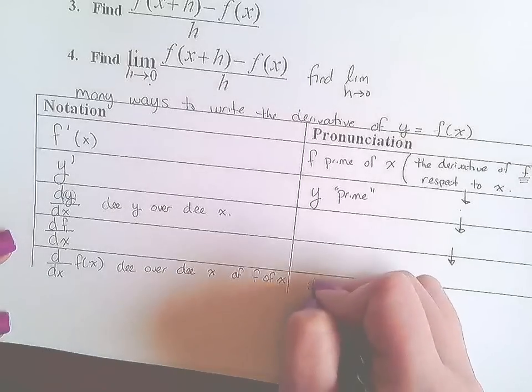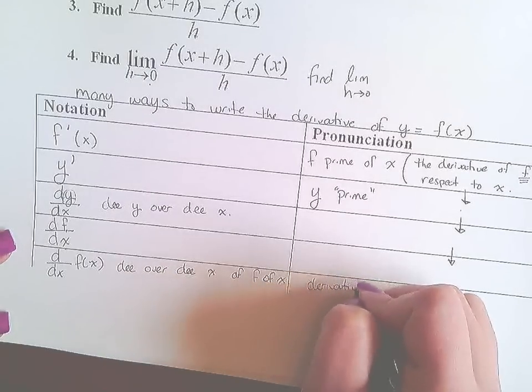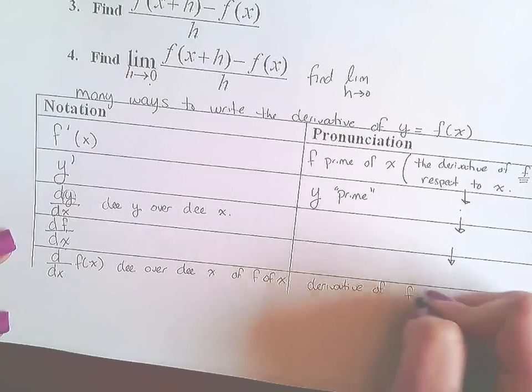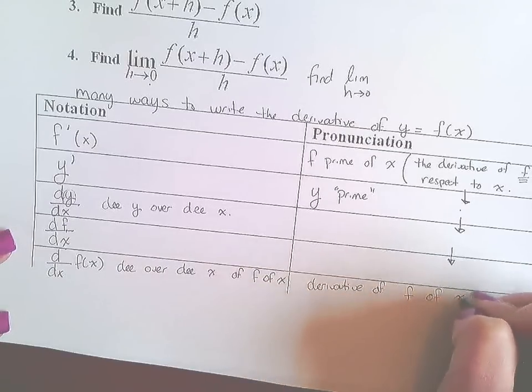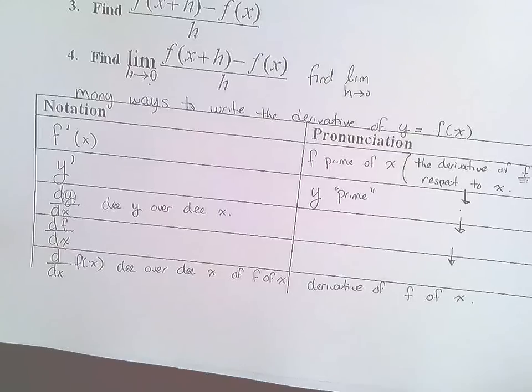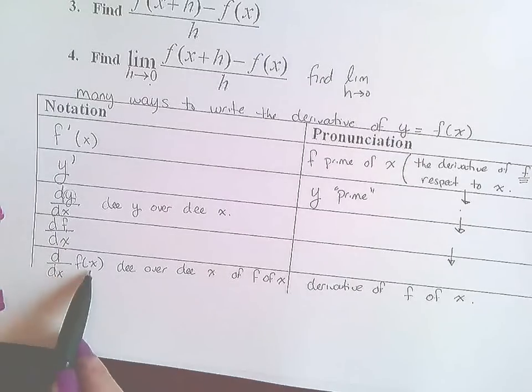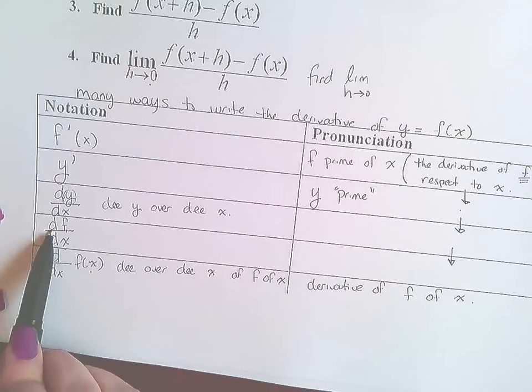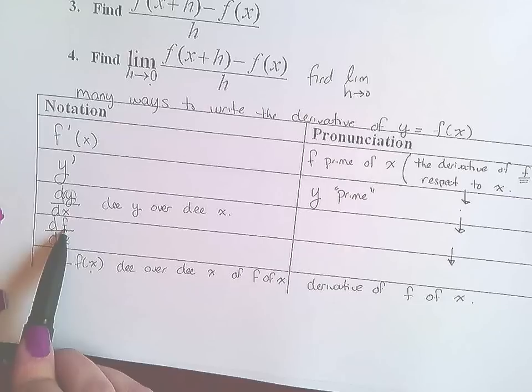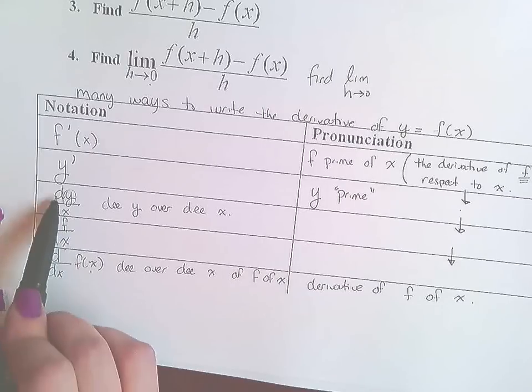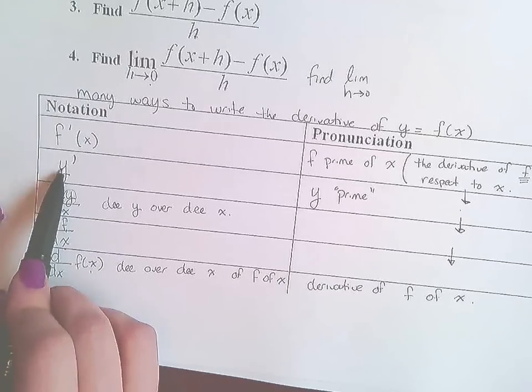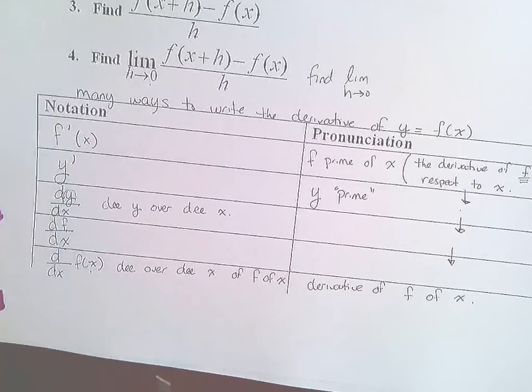And this one we say it's the derivative of f of x. It actually still means kind of the same thing. You're just finding the derivative of f of x. This one, you're finding the derivative of the function f with respect to x. You're finding the derivative of y. You're finding the derivative of f of x. Okay?